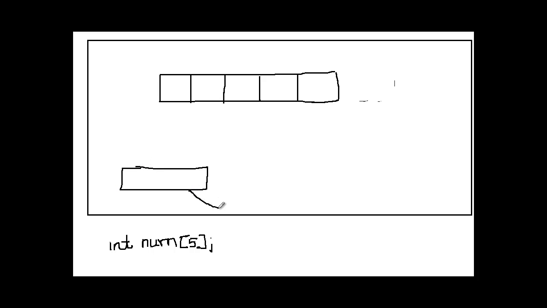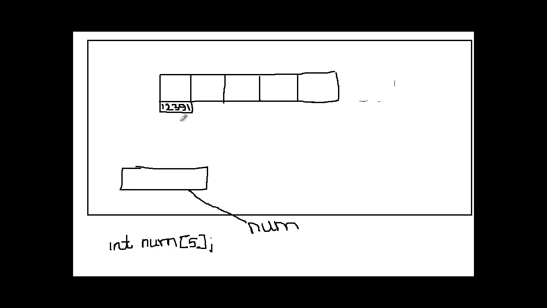Let us say this is num, and when the compiler reserves 5 blocks of memory in RAM, it will place the address of the first block into the num variable. So just assume that this block has got the address 1239 1.